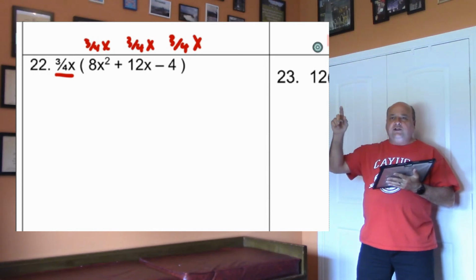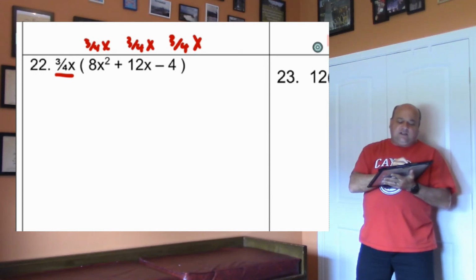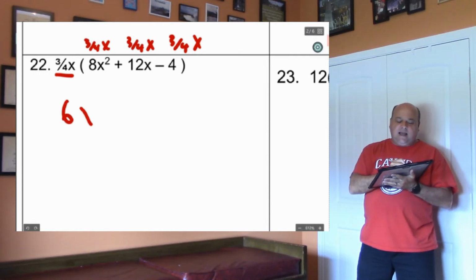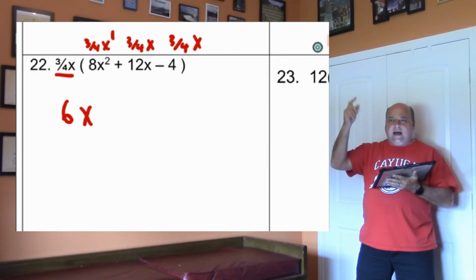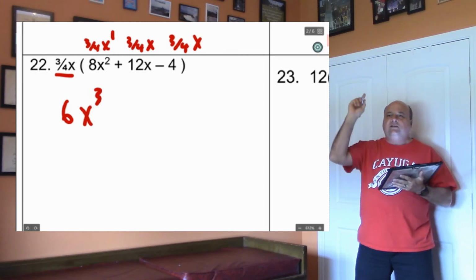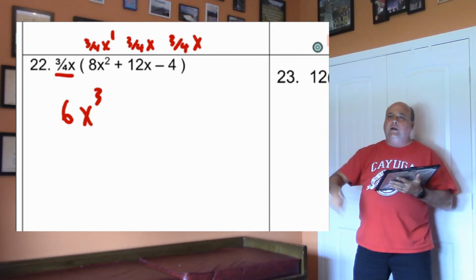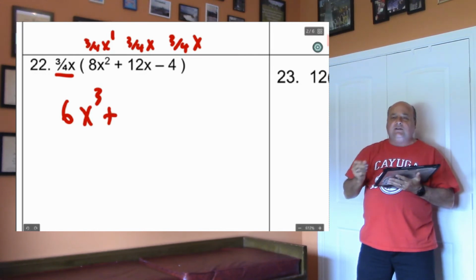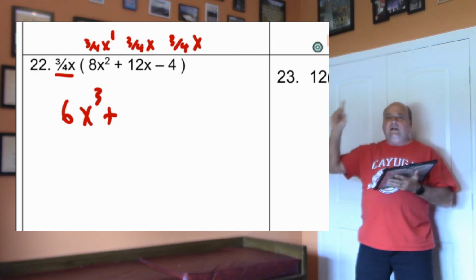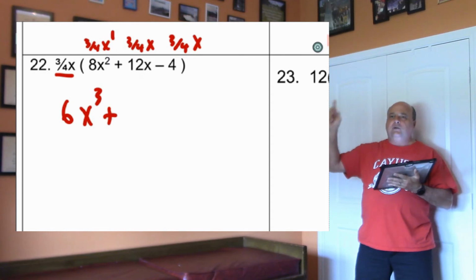So 8 times 3 is 24 divided by 4 is 6. That's my number. My letter is x. And then I'm doing x to the 1 times x squared. You add up the exponents, that's 3. Sign, number, letter, exponent. Continuing on. A positive times a positive is a positive. 12 times 3 divided by 4. 12 times 3 is 36.